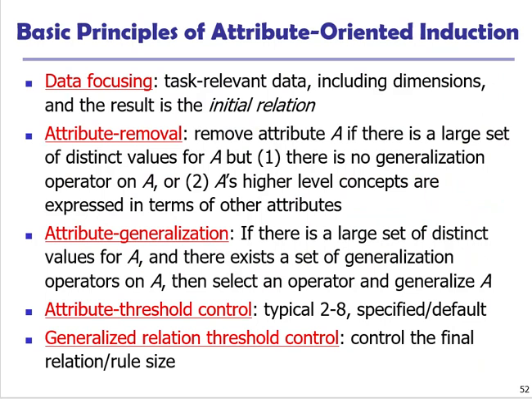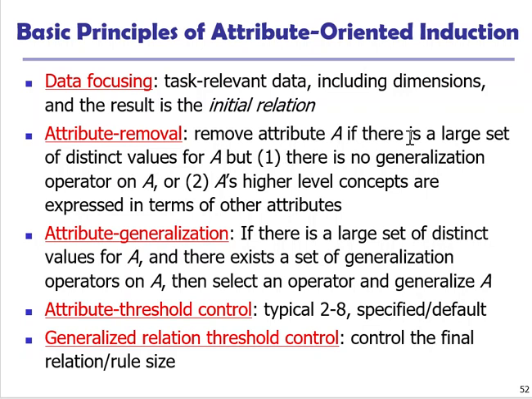So I think I have described everything that's listed here. Oh, yes, here. The removal part we have described already, but to recount, if there's no generalization operator on an attribute, remove it.